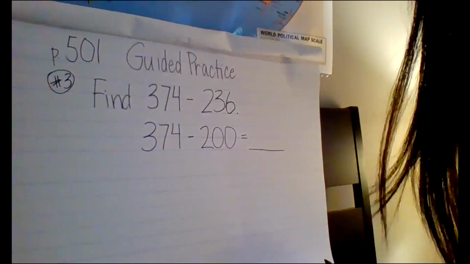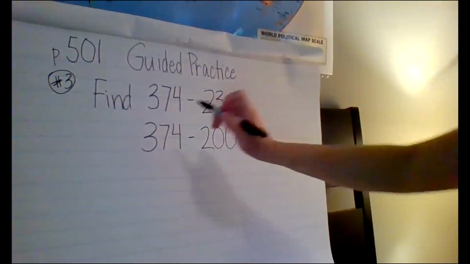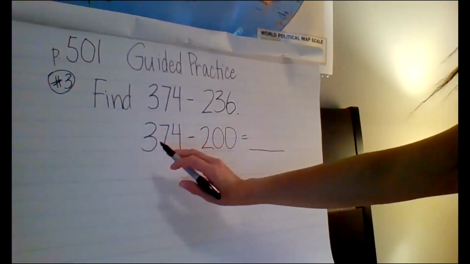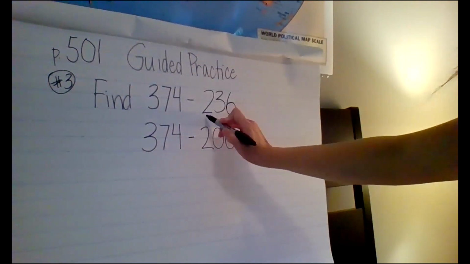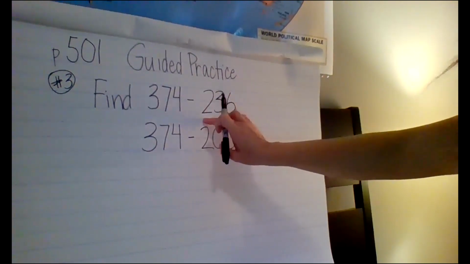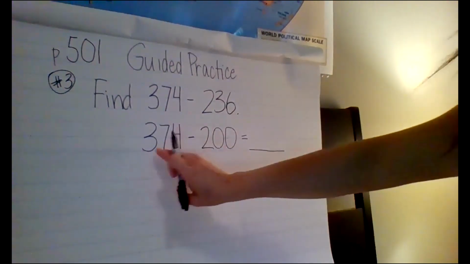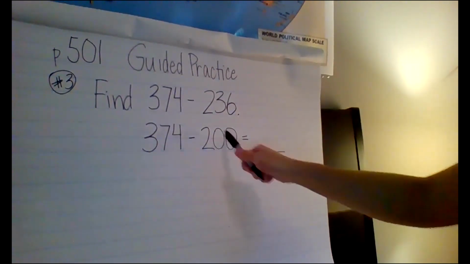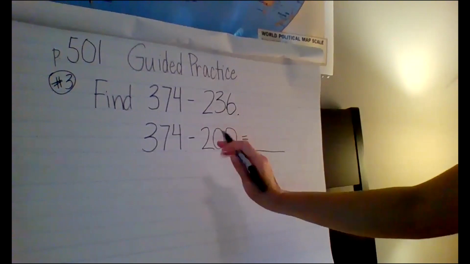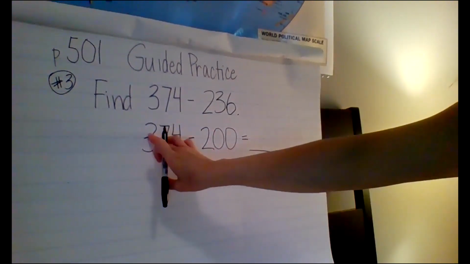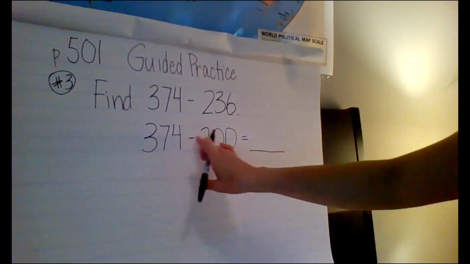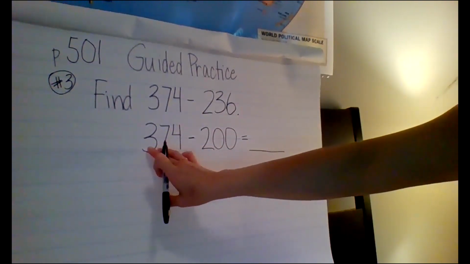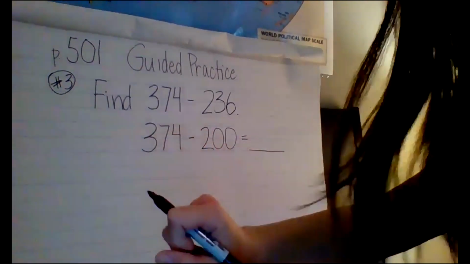So this is guided practice number 3, page 501. We're asked to find 374 minus 236. Okay, so first we take the 200 and subtract it from our original number. 374 minus 200. Remember, the digit 3 should be 2 less when we subtract.